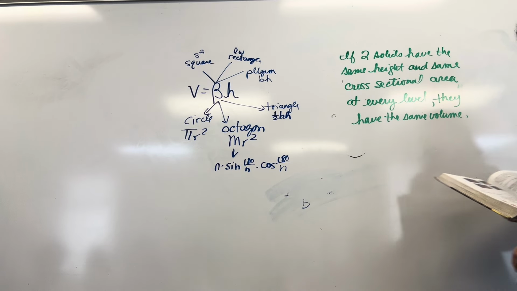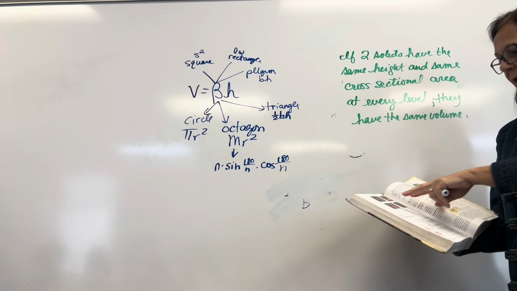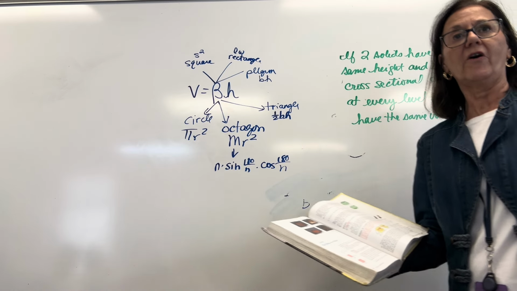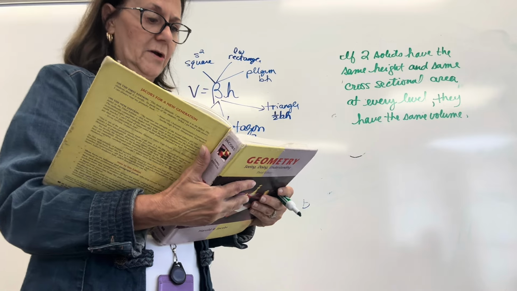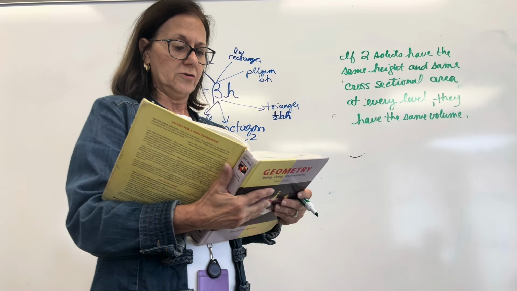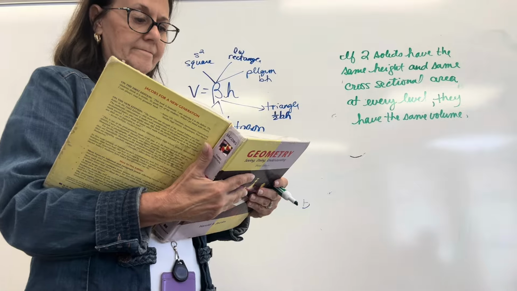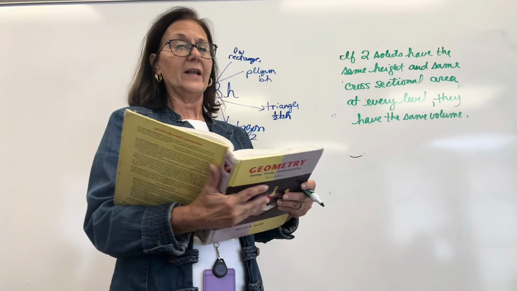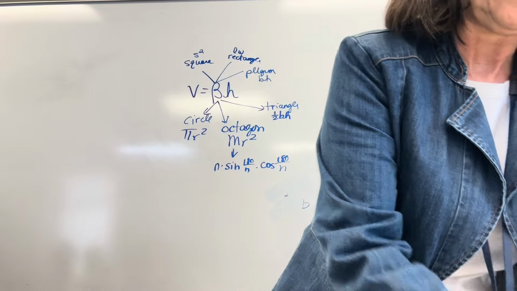So it's very unlikely that those four candy bars have the same volume because their cross sections all look different. Maybe the Milky Way is close to the Snickers bar, but definitely the Three Musketeers and the Butterfinger are different.